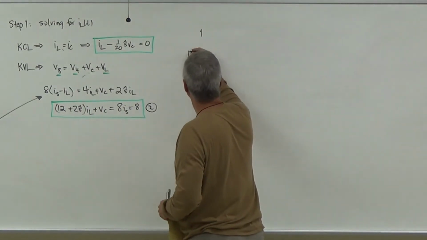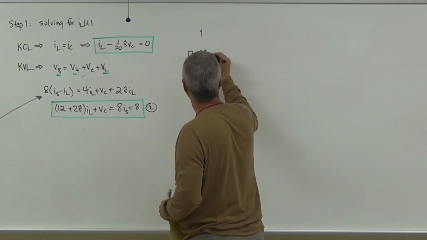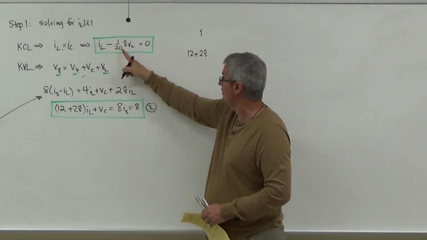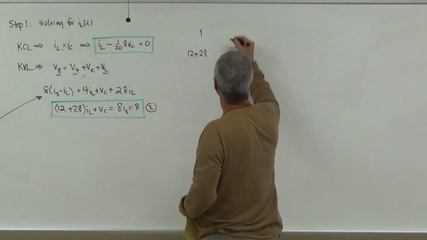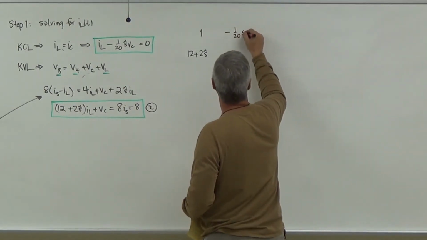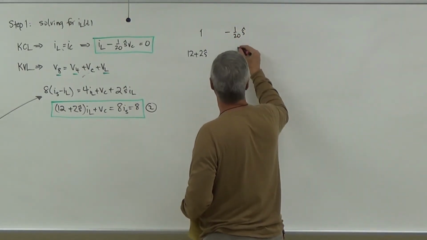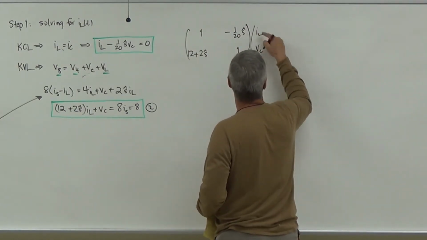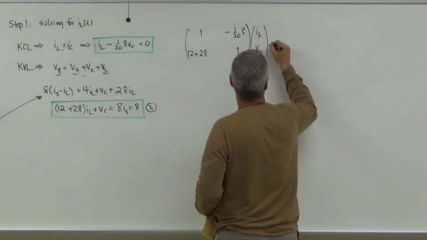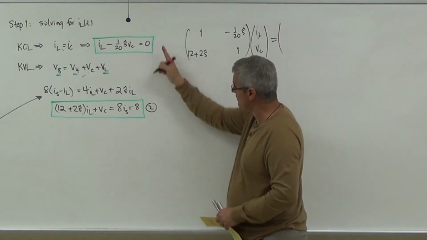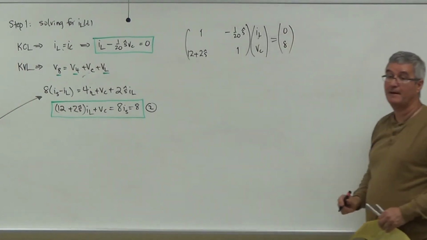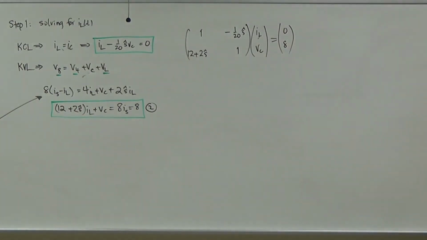That's got to be 12 plus 2 S hat. Now I'm going to go to my VC terms. So I got minus 120 over S hat and 1. So I get minus 20 S hat. And then this other one gives me 1. And then I get IL, VC. And then I look at my sources, 0 and 8. Okay?